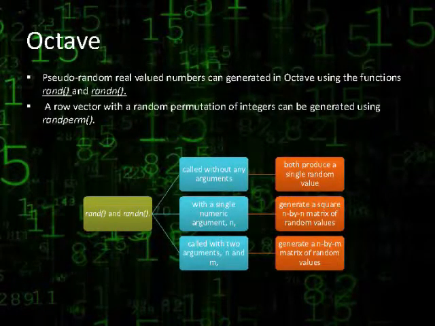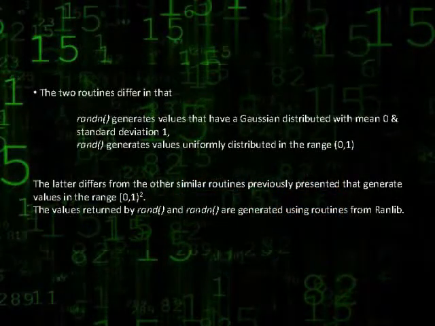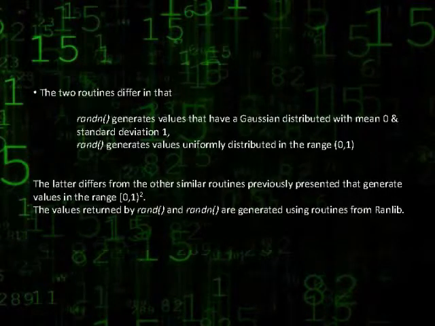If they are called with two arguments, say n and m, they generate an n by m matrix. randn generates values that are Gaussian distributed with mean 0 and standard deviation 1, while rand generates values uniformly distributed in the range 0 to 1. Note that the latter differs from the other similar routines previously presented that generate values in the range 0 to 1.